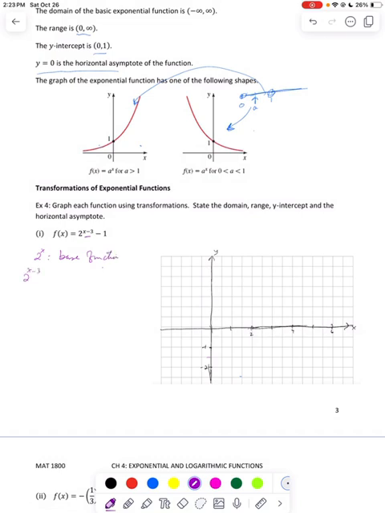Shift right 3 units. And then 2 to the x minus 3 minus 1, that is shift down 1 unit. Okay, so you should be able to see this.